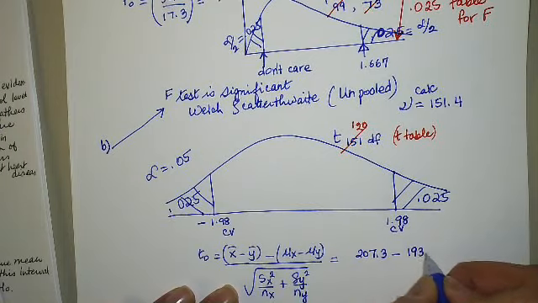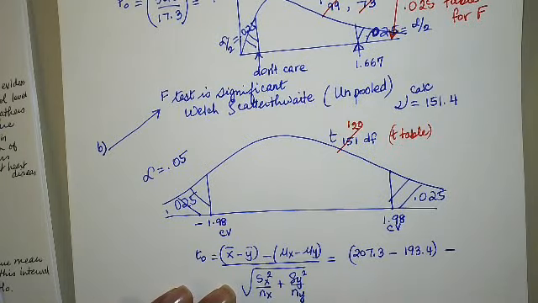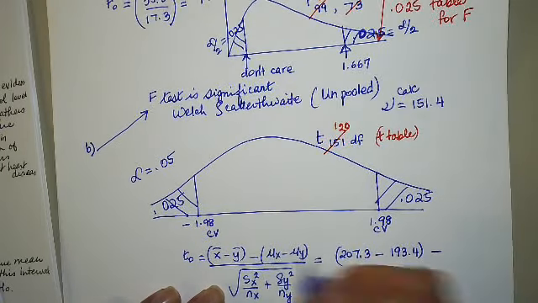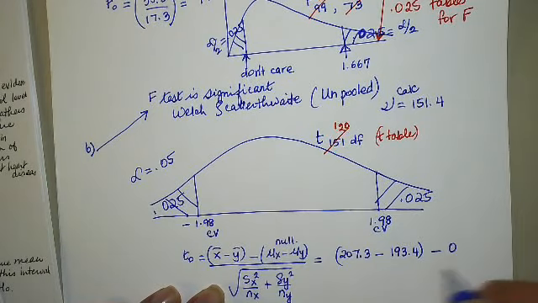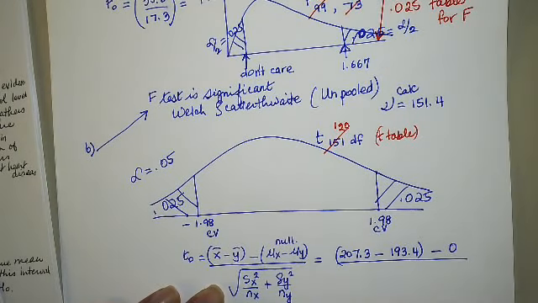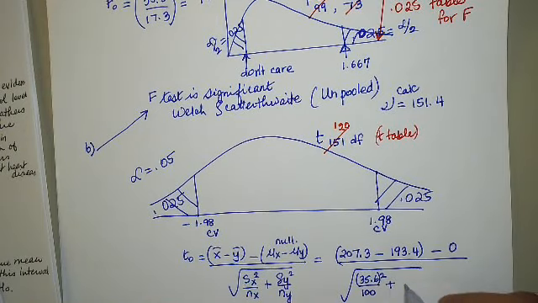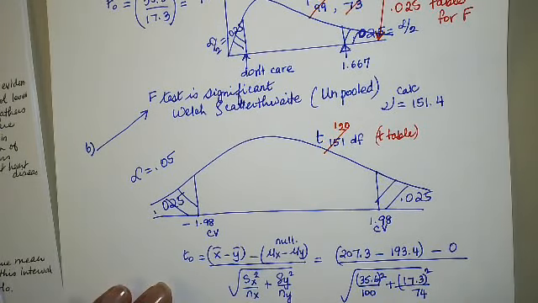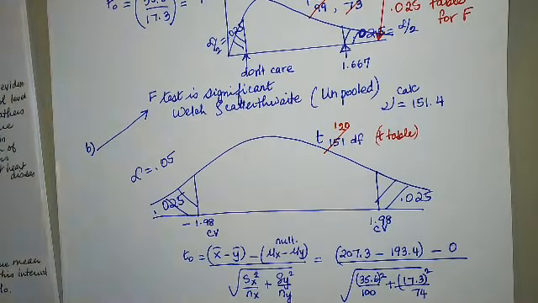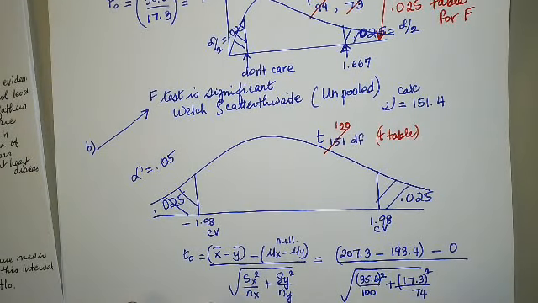Follow me. So x bar is 207.3 minus y bar is 193.4 minus mu x minus mu y from the null. It happens to be 0 in this case, so the calculator will provide, divided by rad sx squared, 35.6 squared over nx plus 17.3 squared over ny.